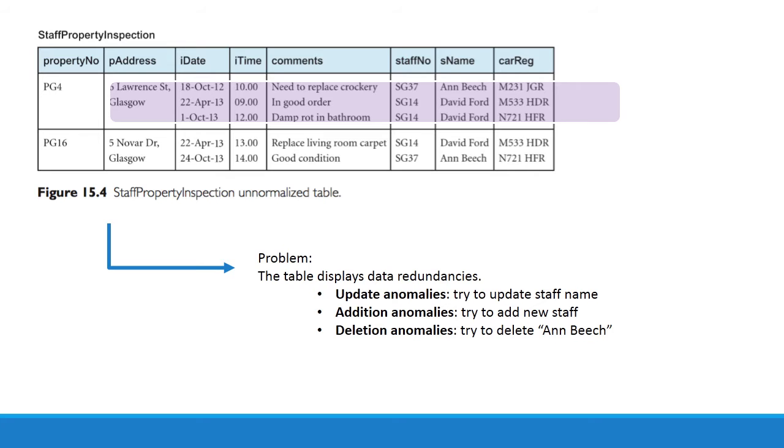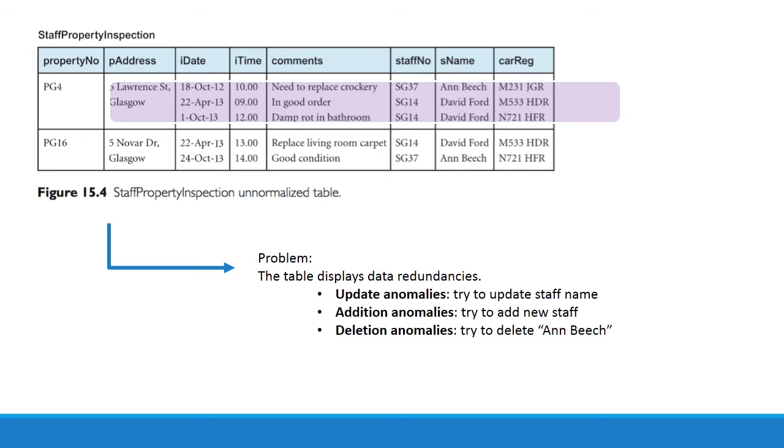From our unnormalized table, something like this, property number PG4 has 3 records because it has been inspected 3 times, and property number PG16 has been inspected 2 times.